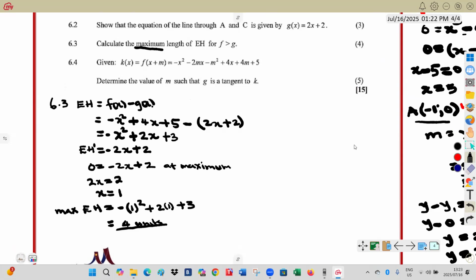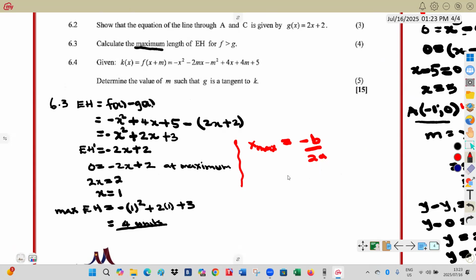And take note, for you to get this value of x, since it's quadratic, at maximum, we know that x at max is equal to minus b over 2a.